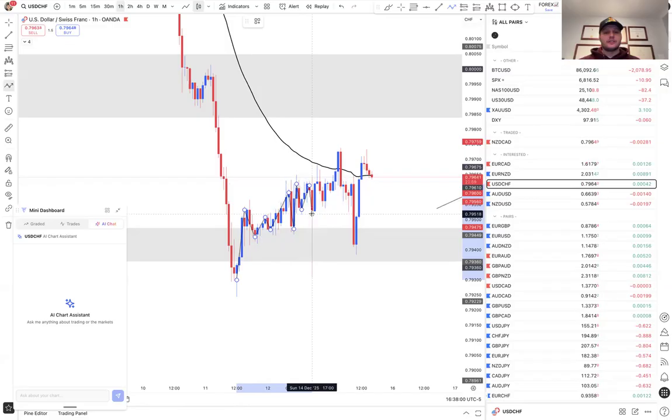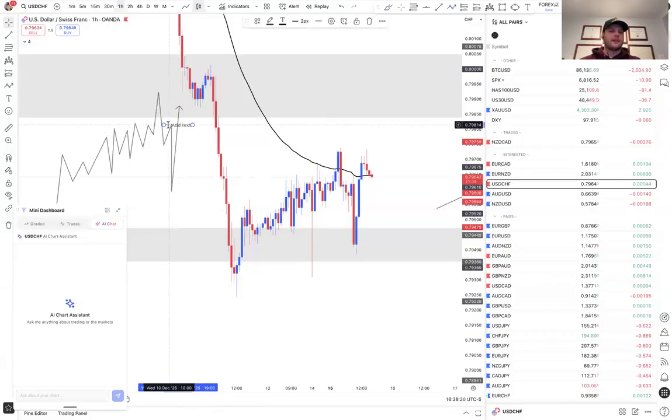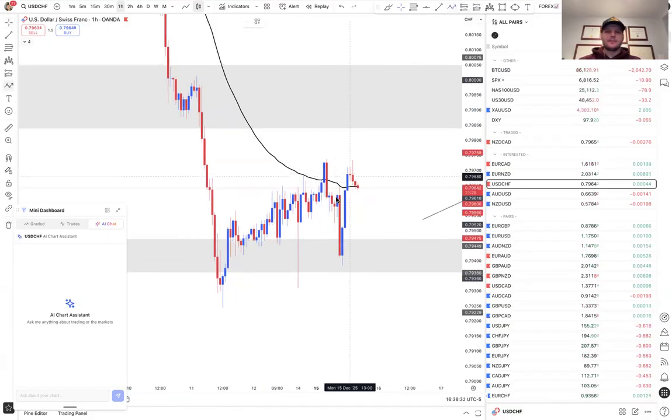We had a shift of structure to the downside. Then we went bullish again, had a shift of structure to the downside, pull back, sell, and we just shifted bullish again. So if we were to visualize this to the side, we can see that the higher low or the market structure was broken right here, right? So now we went bullish once more, and we're currently pulling back to create the next move to the upside. So at the current moment, I would expect a continuation to the upside.